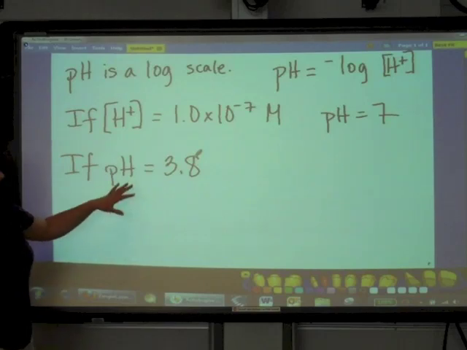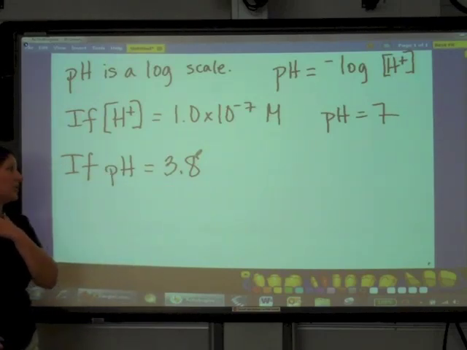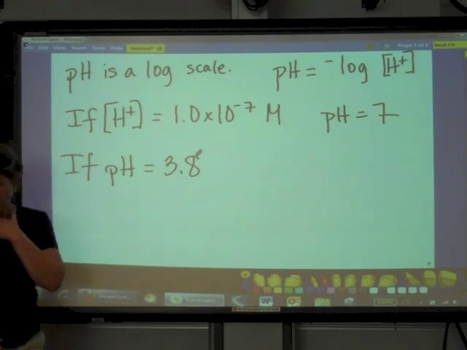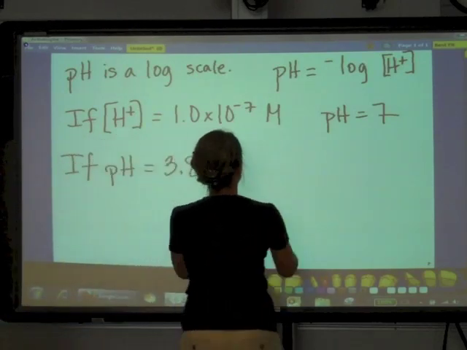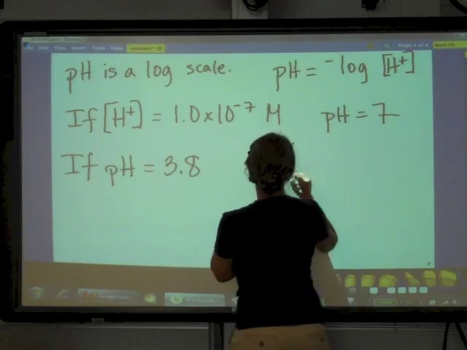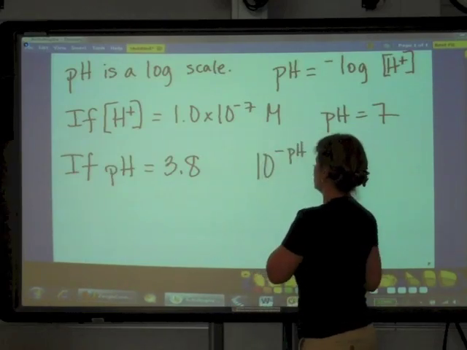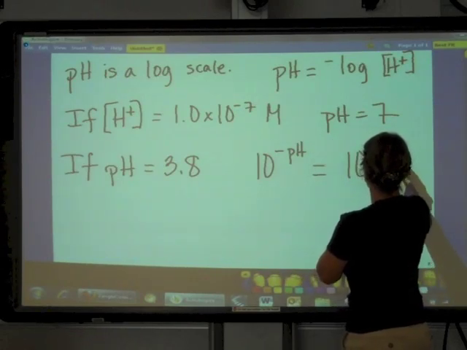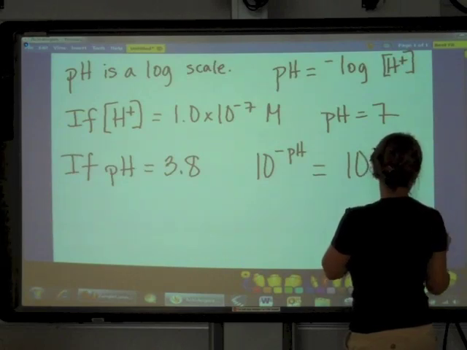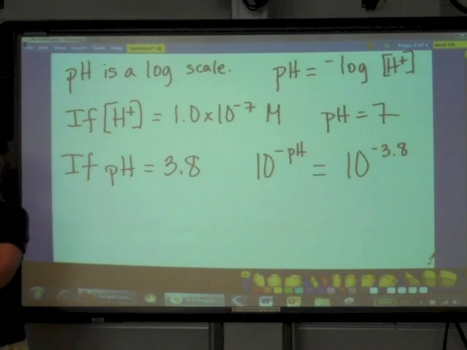If we're given pH, how do we find the hydrogen ion concentration? What we do is we say 10 to the negative pH, which in this case is going to be 10 to the negative 3.8. So try that on your calculator and see what you get.